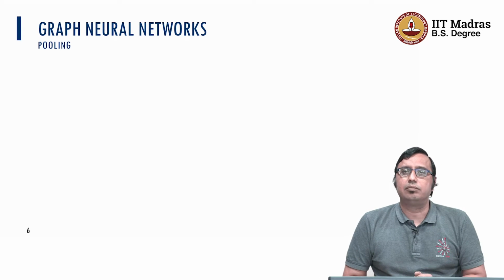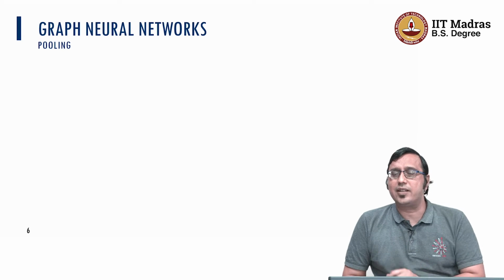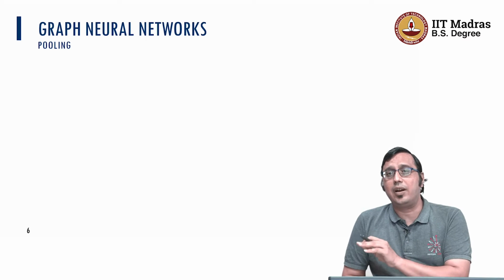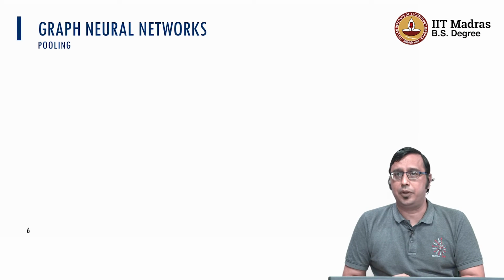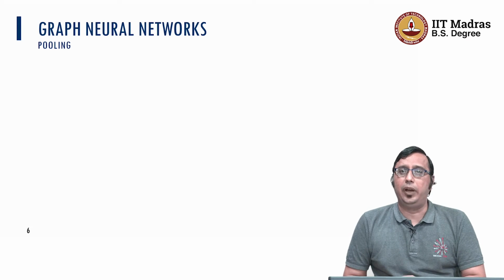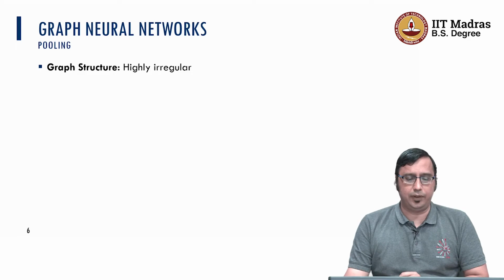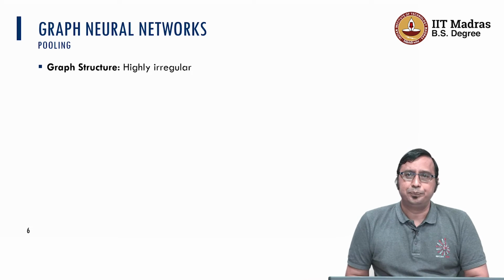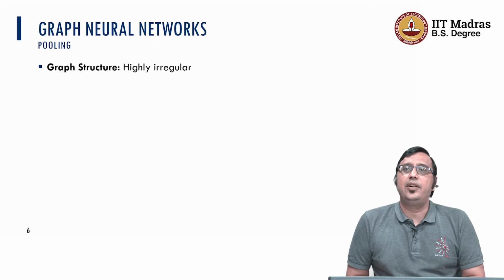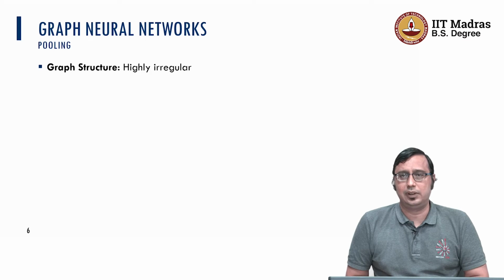It will take graph structure and the features associated with the nodes and provides us the same graph structure, however with learned features associated with nodes. In the case of pooling, we would like to do something a little bit different. Why? We cannot use standard pooling because, unlike in convolutional neural networks where the grids are well defined, graph structures are typically highly irregular.